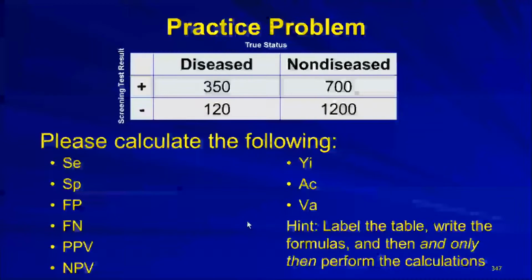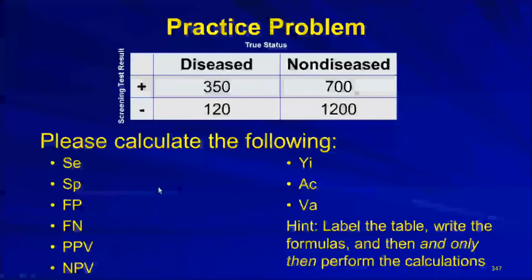Okay? So if you have trouble remembering what I just said, you can play it back, but it's very important that you understand it. Now, these are all the statistics that we have computed for a screening test, every one of them. So you see there's 1, 2, 3, 4, 5, 6, 7, 8, 9.